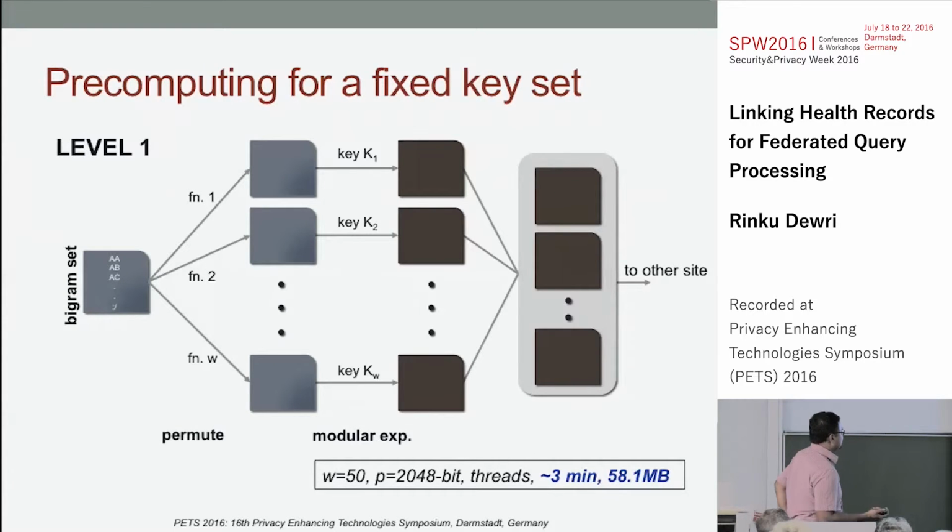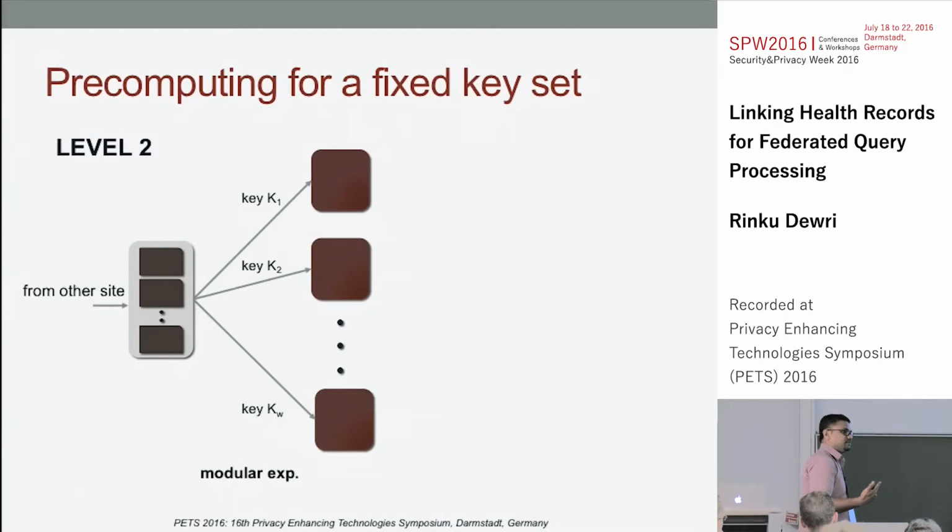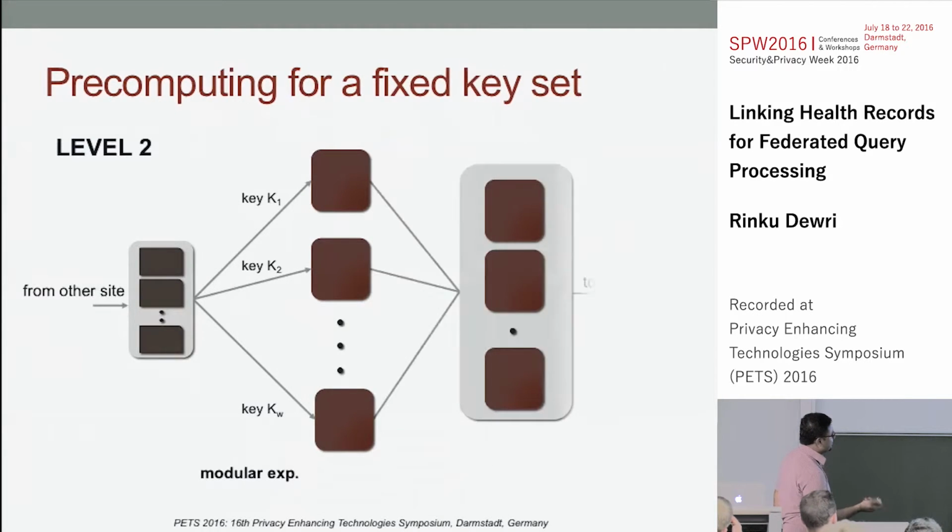Now, the time it takes to do the level 1 output, if I am using 50 keys, 2048-bit primes, and 8 threads, is roughly 3 minutes, and it produces an output of 58 megabytes. Okay. So next, we take the data from the other side, and then we apply the same process.